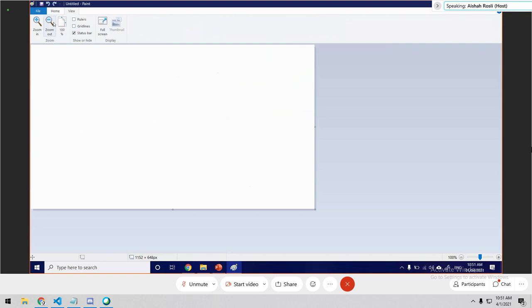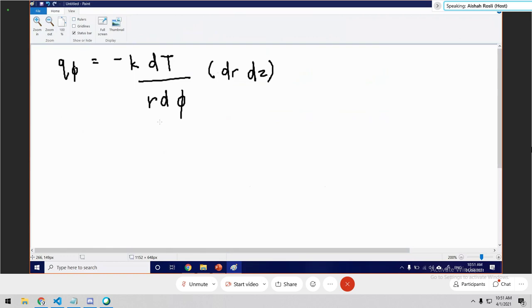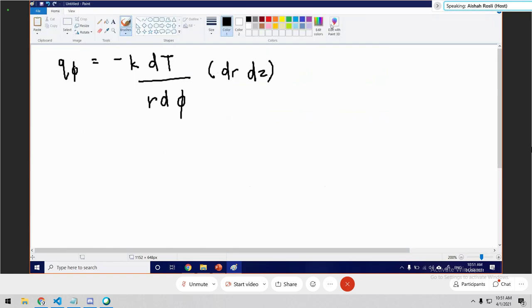So it's the same thing for the phi direction, but please remember that phi is slightly different, because it's minus k dT, not over d phi, but over r d phi, and the area is dr dz. So why is this not d phi but r d phi?